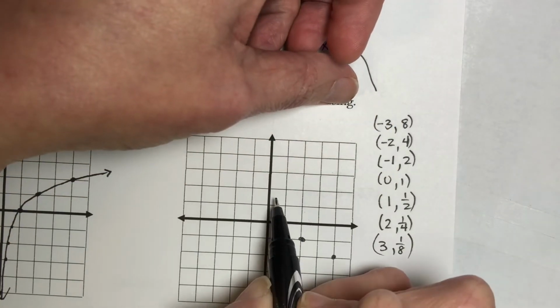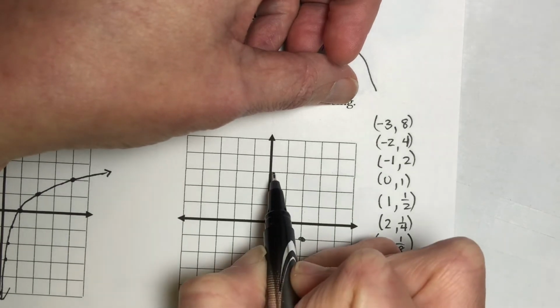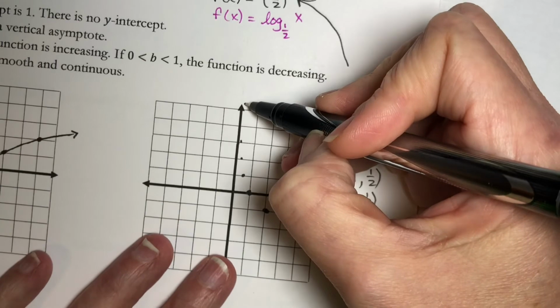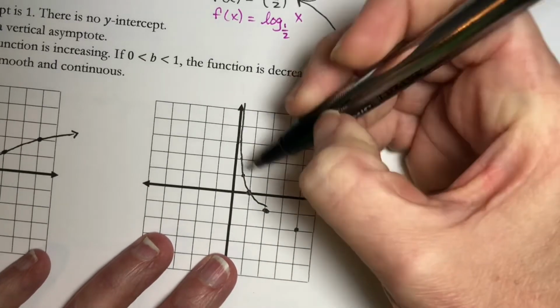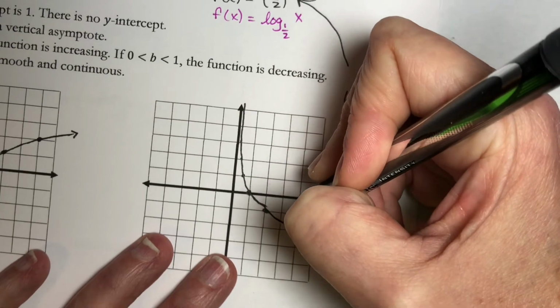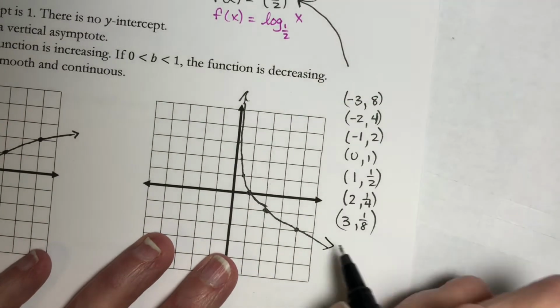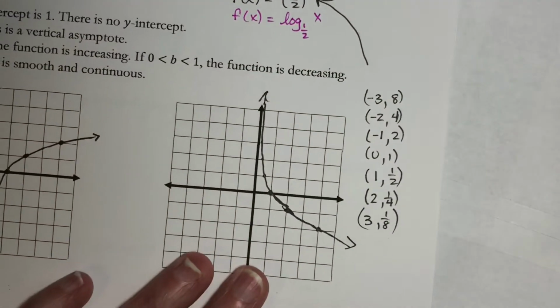At 1/4, 2. At 1/8, 3. You can see that you're getting closer and closer to your y-axis here. You end up with a graph that's sort of like this. I know I didn't do such a great job of drawing right in there, but I think you'll get the picture.